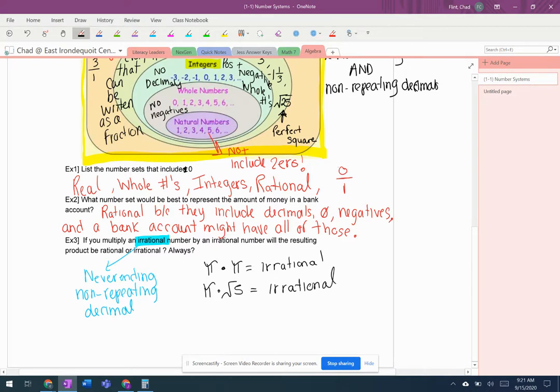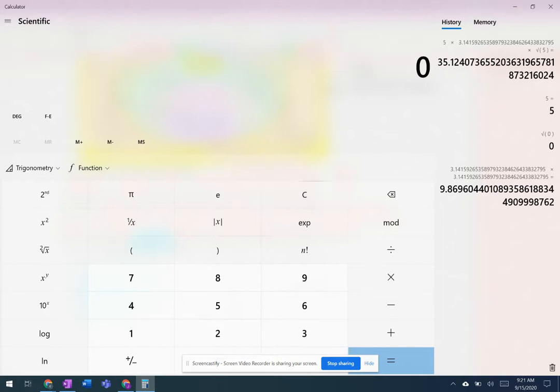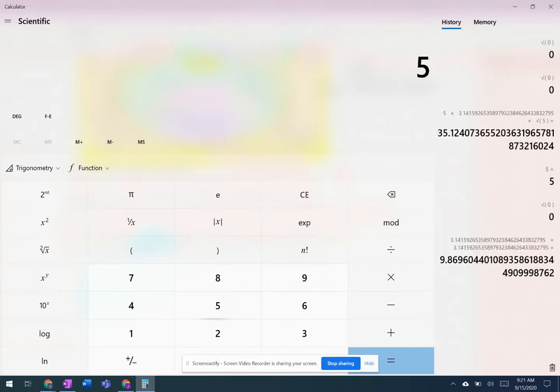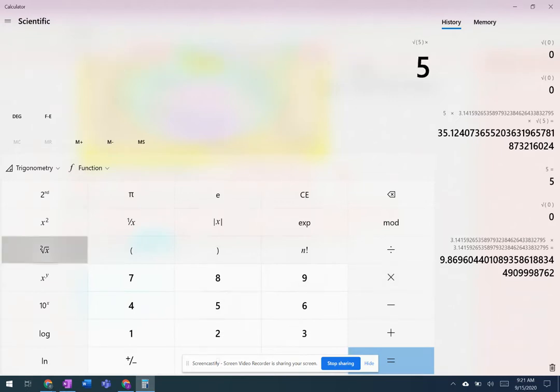And so now what if I try the square root of 5 times the square root of 5? Let's see if I can figure this out on the calculator. The square root of 5, it keeps not doing what I want it to do. Clear. I think I have to put the 5 in first and then square root it. Yes. Okay. So the square root of 5 times, put the 5 in first, square root it.